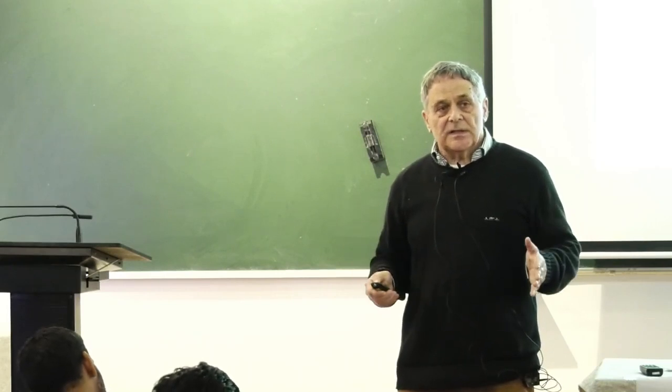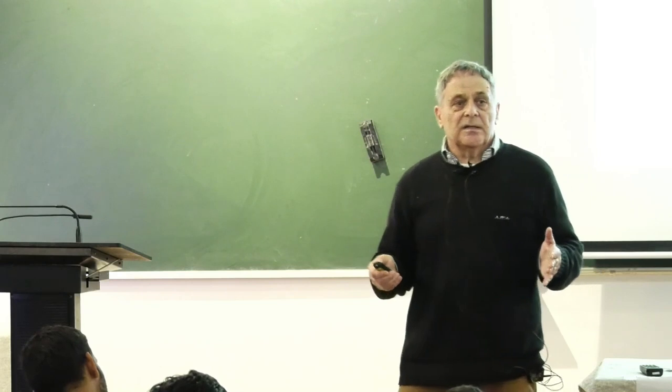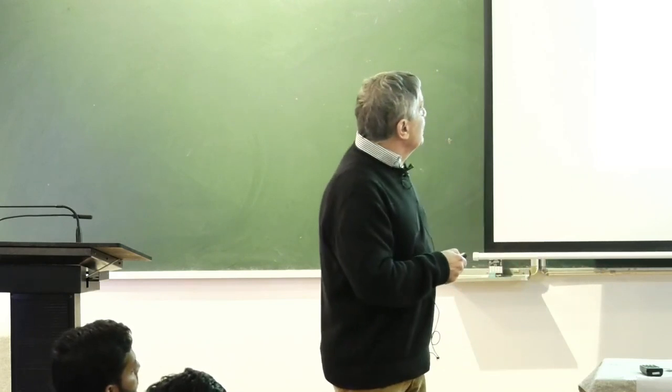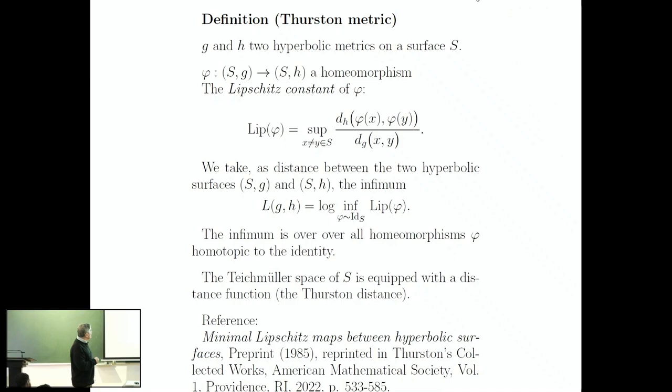There are two surfaces equipped with metrics. You have two metric spaces, and the metric spaces are surfaces. And you have a map between them. So the map is between the same surface equipped with the first metric and the second surface equipped with the second metric. And then there's something which you naturally call the Lipschitz constant of this map.